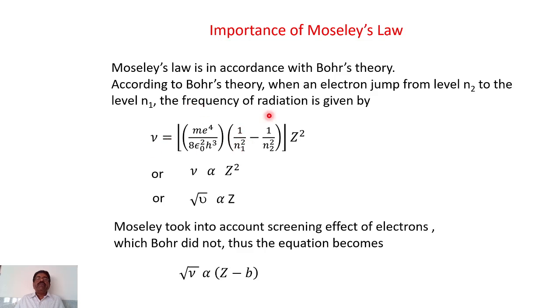Here the frequency of radiation is given according to Bohr's theory. When an electron jumps from n2 to the level n1, the frequency of radiation is given by this formula.